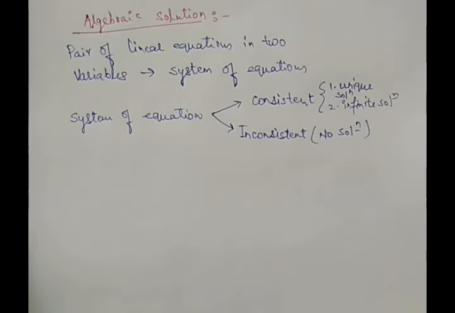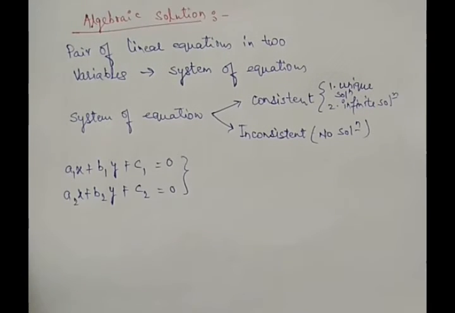A system of equations will be consistent if there is a unique solution or infinitely many solutions, and it will be inconsistent if there is no solution. Now we will try to understand, without drawing the graph, just by comparing the coefficients, how we can conclude whether the given system will be consistent or inconsistent, and whether it will have a unique solution, infinitely many solutions, or no solution.